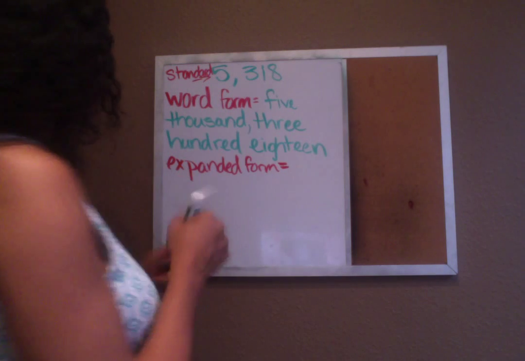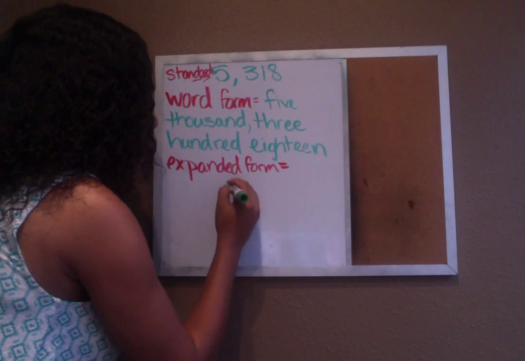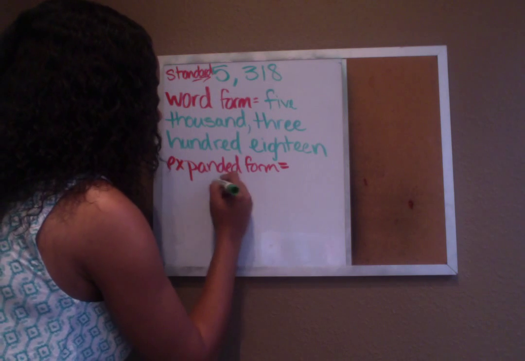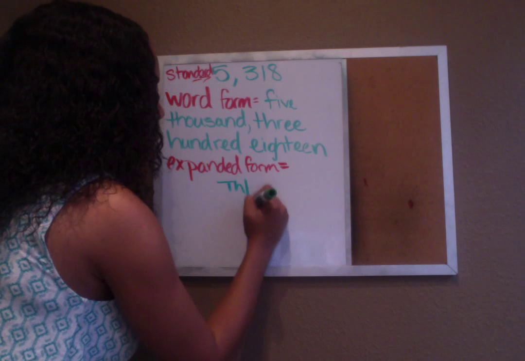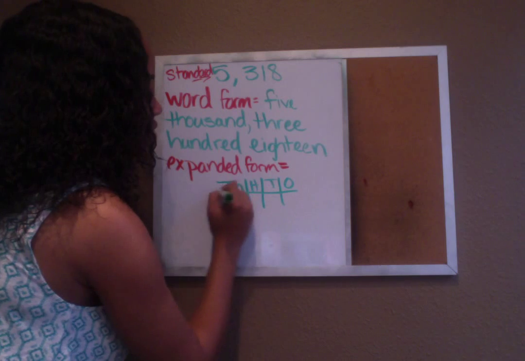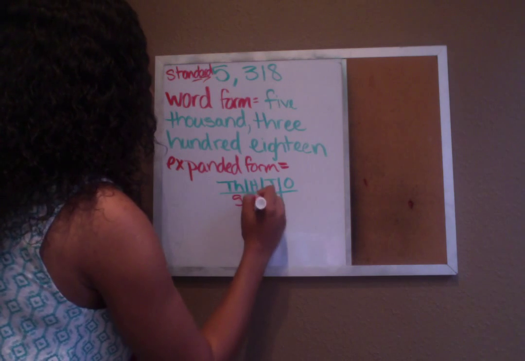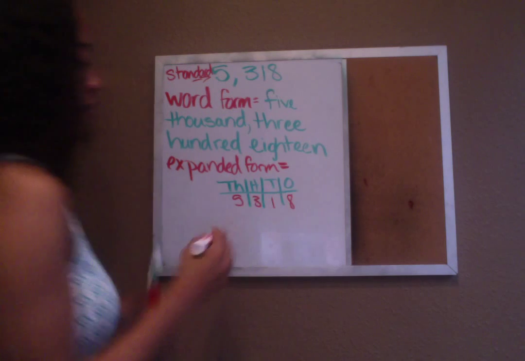Your best friend for this topic today is a place value chart. So if you need something to help you, draw a place value chart. Tens and ones. Plug in your number, 5,318.